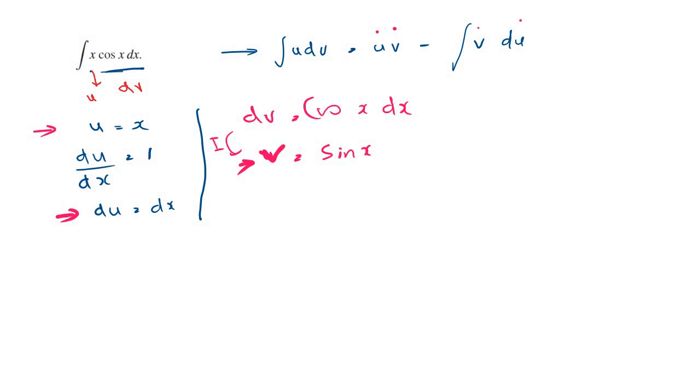We can substitute them into this particular equation. So the integral of x cos x dx is equal to u times v.